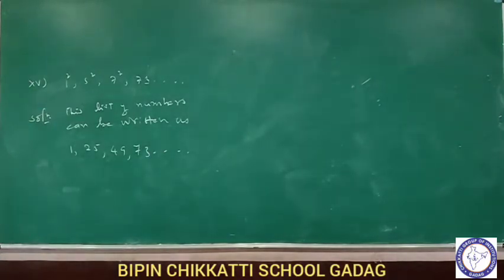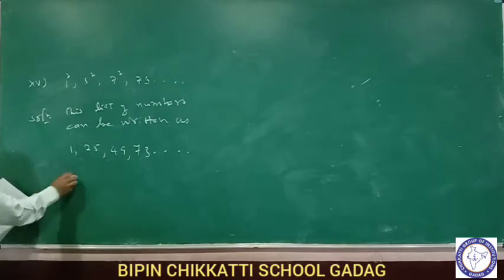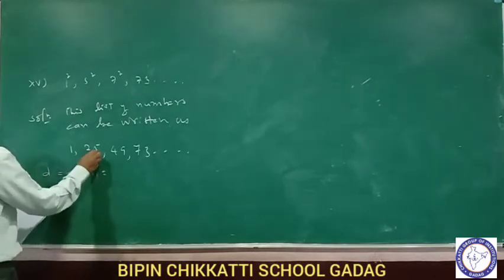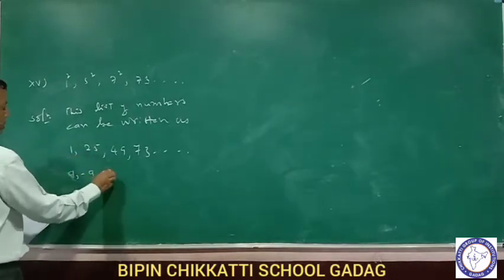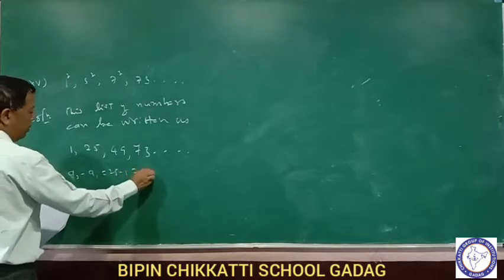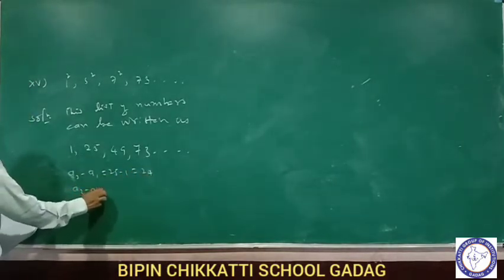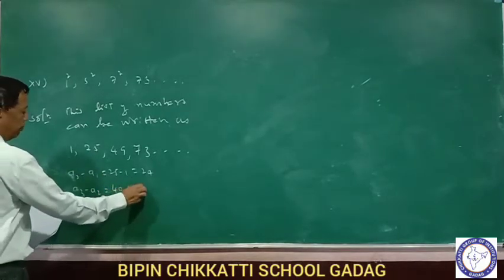Now ultimately you have to go for the difference, that is D. A2 minus A1. I have to check it, A2 minus A1, 25 minus 1, how much is it? 24. And next, A3 minus A2, 49 minus 25.